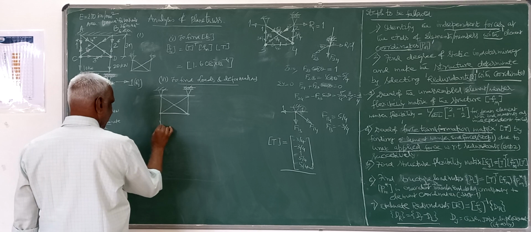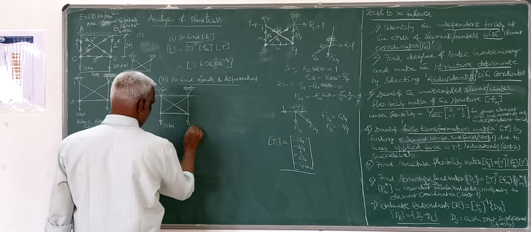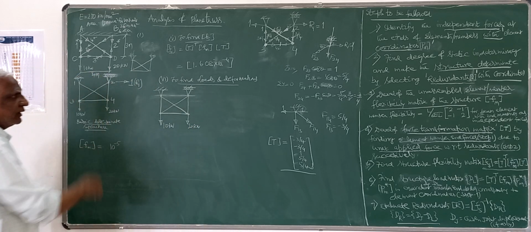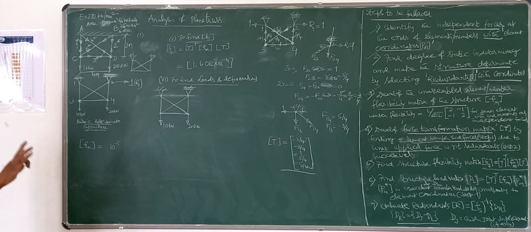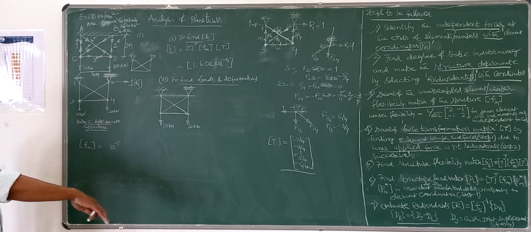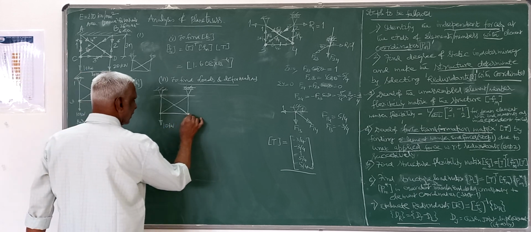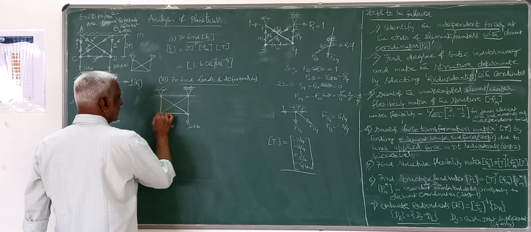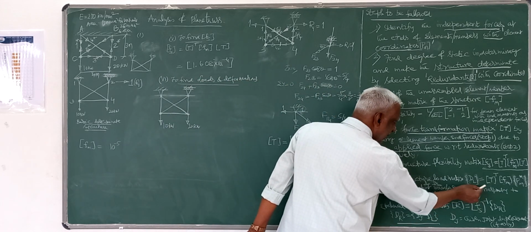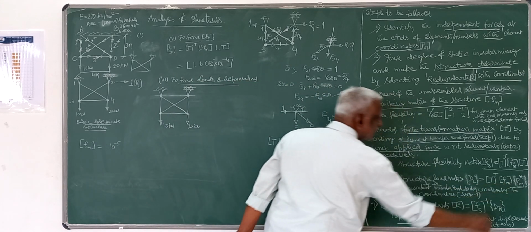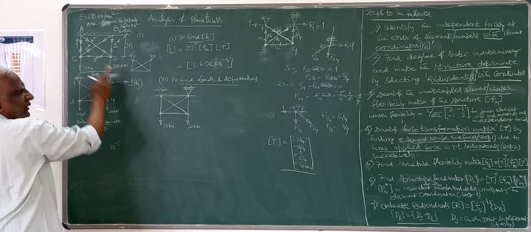The load given is 10 kilonewton, here it is 20 kilonewton load, 10 and 10, because only in this step we take the given loading into consideration. Until then, it is only using geometry and other properties. So using this particular load, we have to find out the forces in all the members. That is nothing but our PM matrix. This PM matrix is nothing but the forces corresponding to these element coordinates.